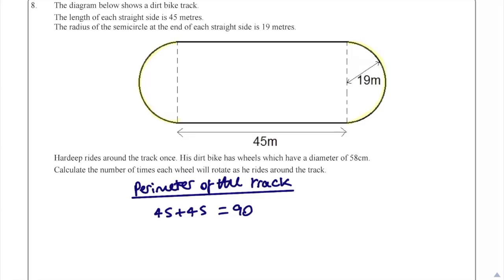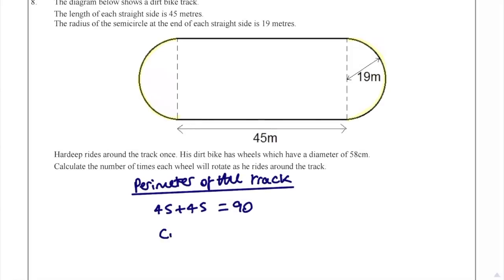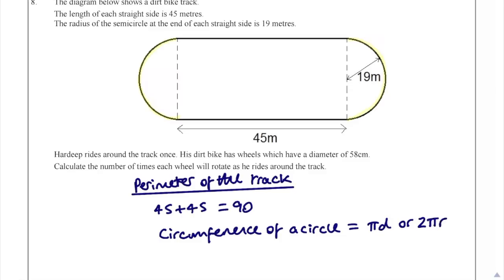Now, you should know that the circumference of a circle is pi multiplied by the diameter. Or, because the diameter is twice the radius, we could write it as 2 pi multiplied by the radius.